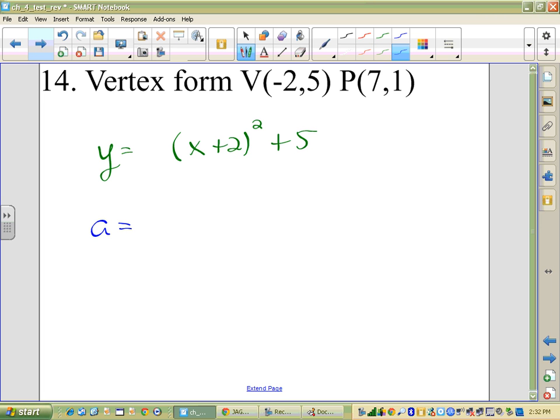It'd be nice if my point was like -3 something or -1 something, but it's not. So I'm going to do this: x, y, h, k. 1 minus 5 over the group of 7 plus 2 squared, so that's -4 over 81.